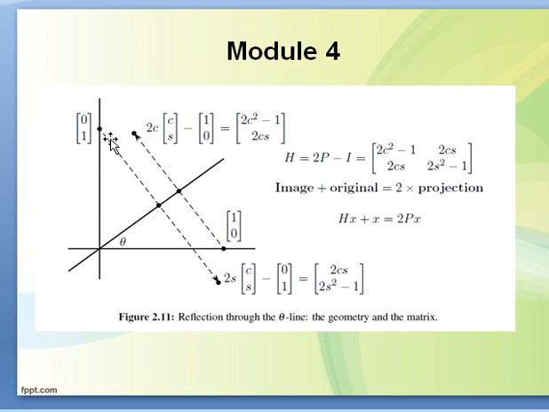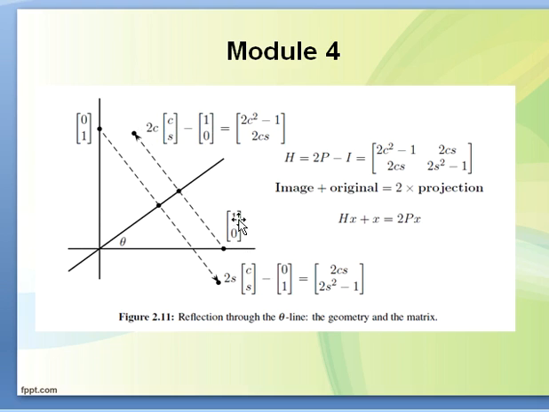With respect to projection, we are going ahead. So the projection of 1 0 is this. The thing says that the reflection point is 2 times the projection point. Means the reflection of 1 0 is 2 times the projection point minus the identity vector 1 0.